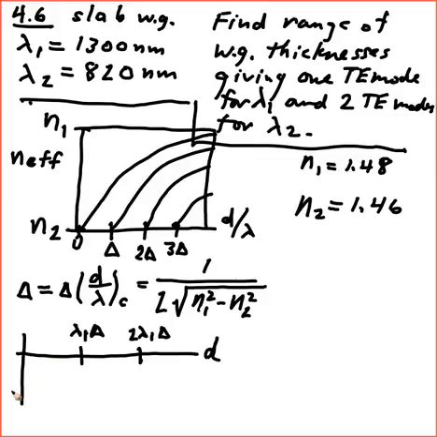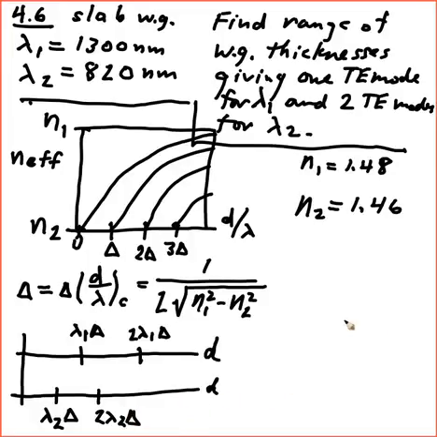Now lambda 2 is shorter, it's only 820. So if I make a similar plot, this is again d, but now lambda 2 being shorter gives me lambda 2 times delta being something less than lambda 1 times delta. And then at twice that, we have 2 lambda 2 times delta.